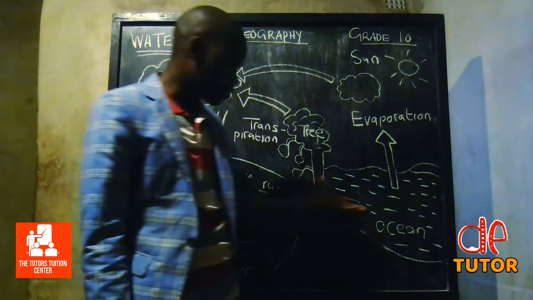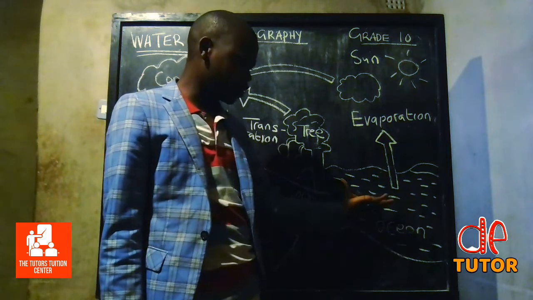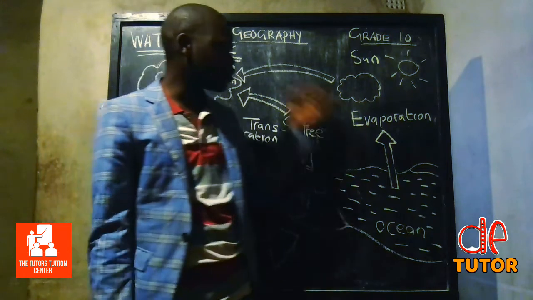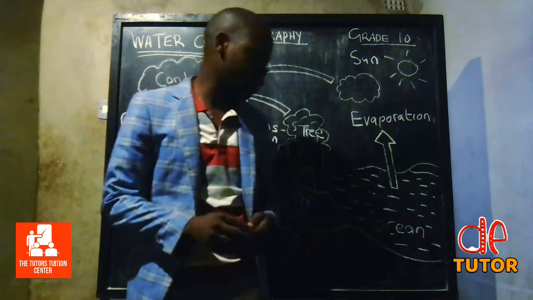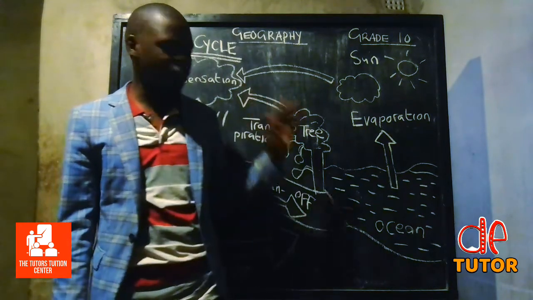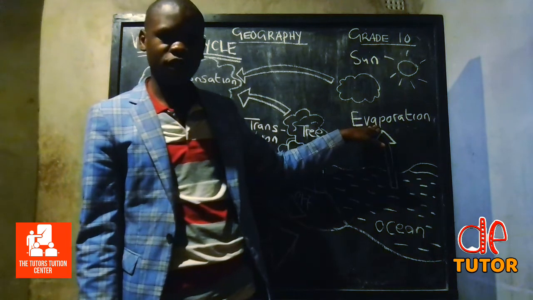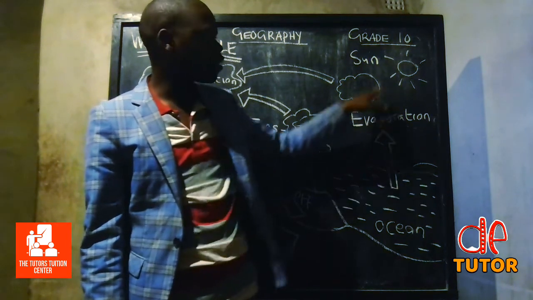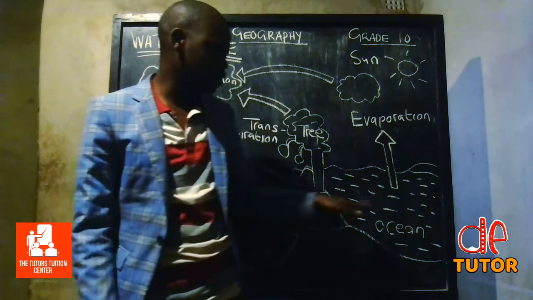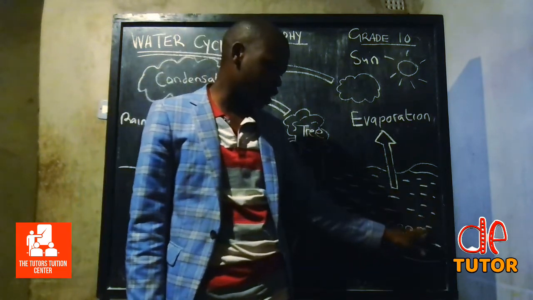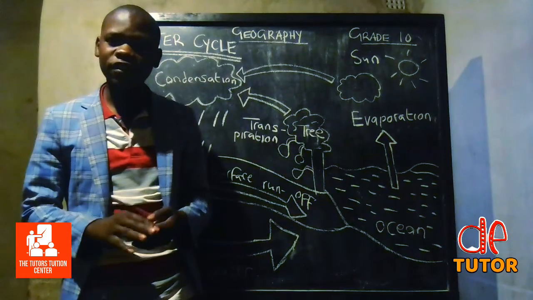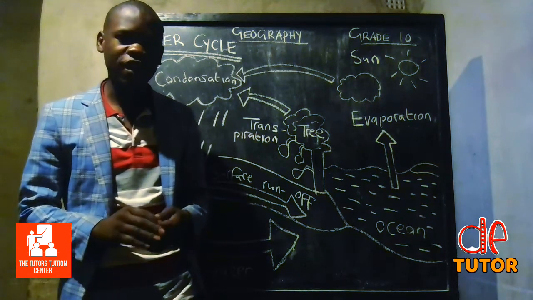Let me start with the process which involves the transfer of water from the different water bodies to the sky or the atmosphere. Water is transferred from the different water bodies to the sky through this process which is called evaporation. Sunlight, or the heat from the sun, is what usually drives the water from the different water bodies to the sky. A water body is just any place where water is found.